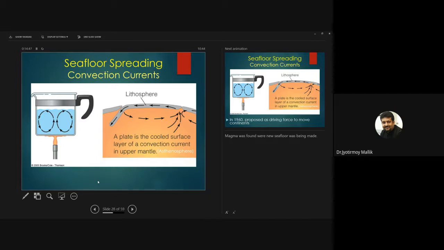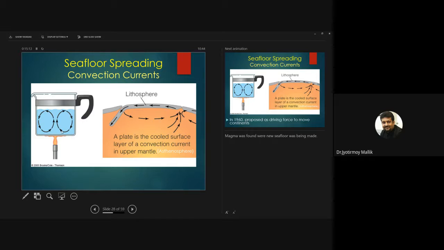The plates are actually called the lithospheric plates. What constitutes the plates is the lithosphere, as part of the upper crust, right? And why would such plate tectonics happen? Simply because I do have a convection cycle in the mantle.